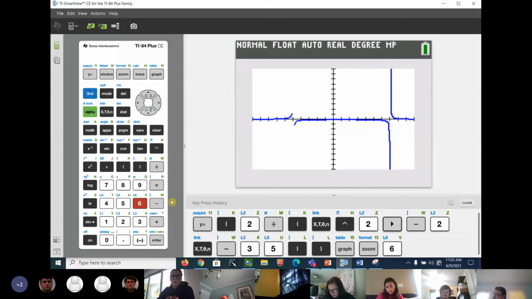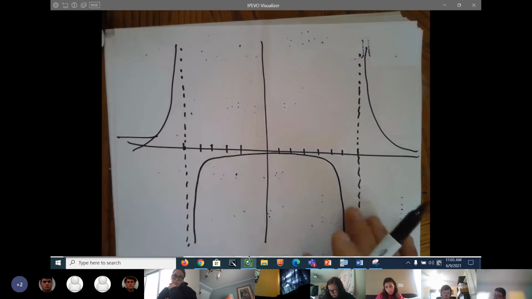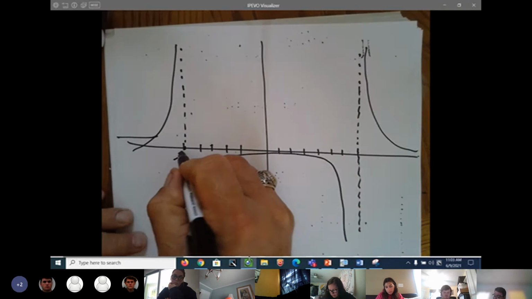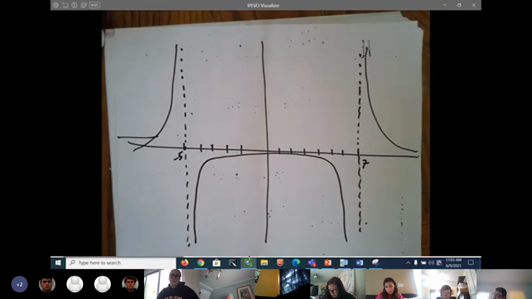And you've got a graph that looks like that and pretty much like that. So it looks something like that, and this is -5 and +7. And that's how you find the vertical asymptote.